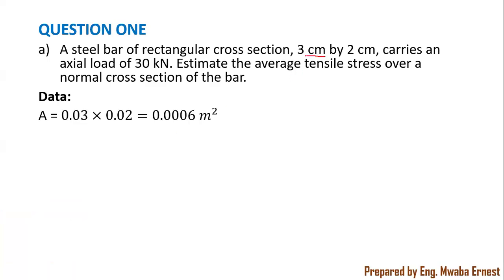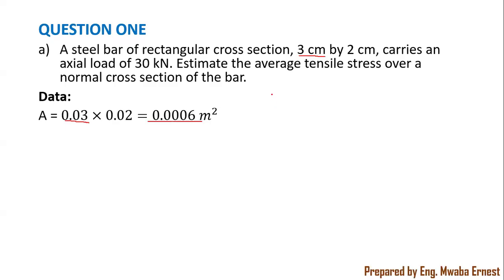So when you divide the first number by 100, you get 0.03. When you divide 2 centimeters by 100, you get 0.02. That is how you convert from centimeters to meters. Once you multiply them together, your answer is 0.0006, and it's already in square meters now.